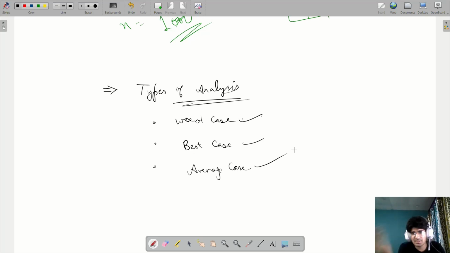Second is the best case. It defines the input for which the algorithm takes the least time, the input for which the algorithm runs the fastest. But the worst case defines the input for which the algorithm takes the longest time, and for which the algorithm becomes really slow. This is what we are really looking for.